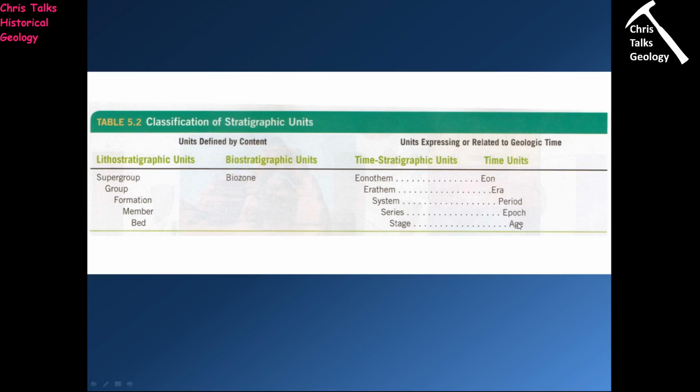And I am just going to make this clear right now. Time-stratigraphic units and time units, although they pretty much match up, aren't perfect. So the systems and the periods are pretty much exactly the same thing, but when they start and finish is slightly different. They don't match perfectly.